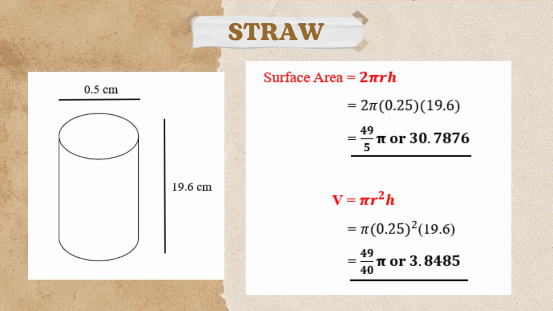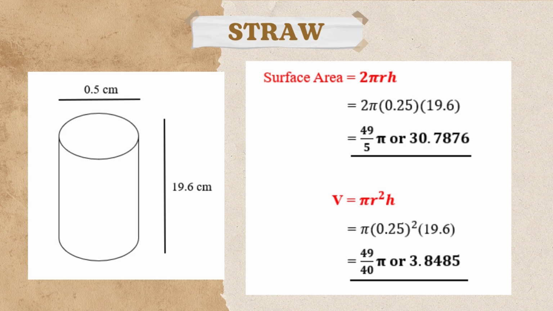cube. Now, let's find its surface area by using its formula, which is 2 pi rh. The reason why we are not using the formula 2 pi rh plus 2 pi r squared is because the straw doesn't have a base.